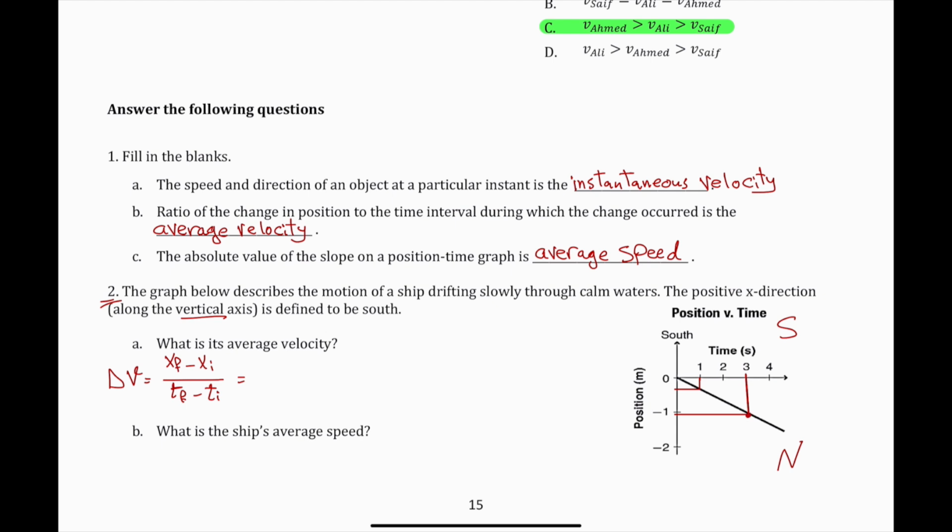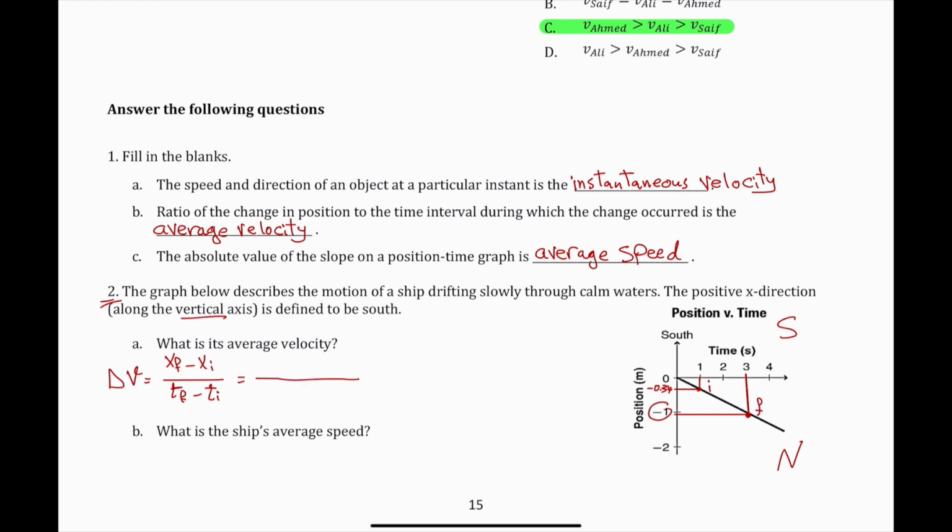So this will be the final and this will be the initial. So here we have -1 and here approximately we have -0.34, which is 1/3.